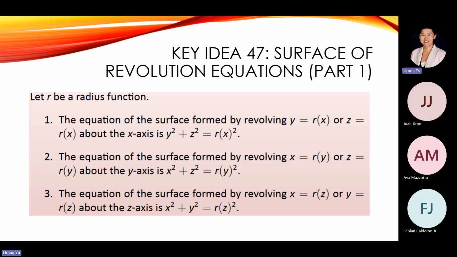Then our radius is represented with a y formula, which will work out. The last case is if you have x equal to r(z), where z is the independent variable. In that case, if you're rotating about the z-axis, r squared equals x squared plus y squared, which equals the radius represented using the z variable. So this will work out if the rotation axis is the independent variable of the equation. I hope that was okay.